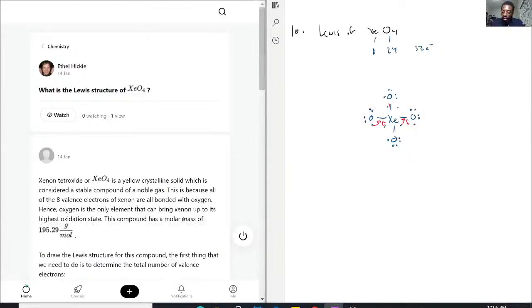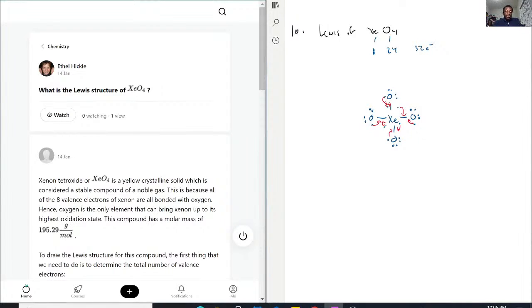With the double bond up the top, we have these two, and from the sides we have these. Nope, wrong one again. These two, and from down we have these two. So this is a quick summary: we got rid of the unpaired electrons, and they're all just going to form a double bond with the xenon in the middle.